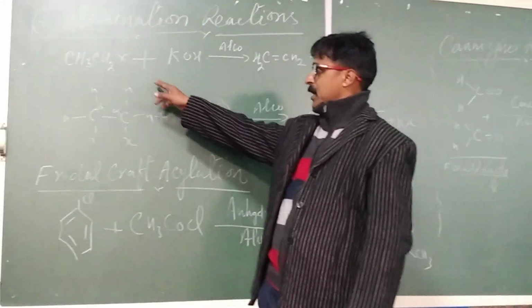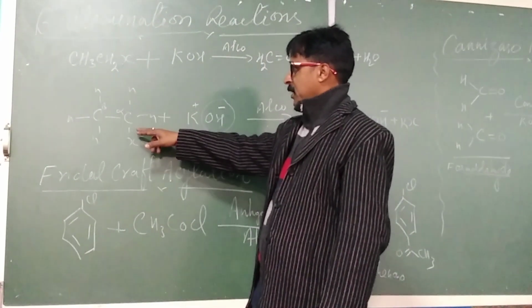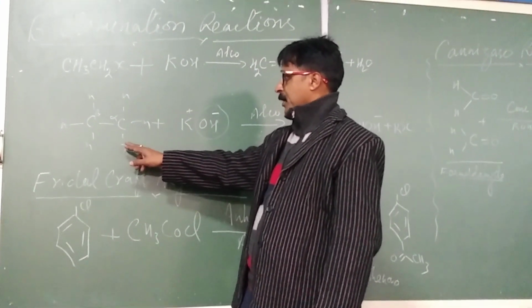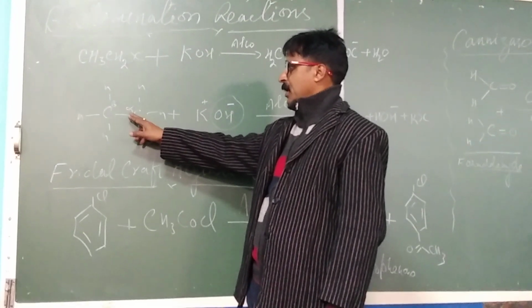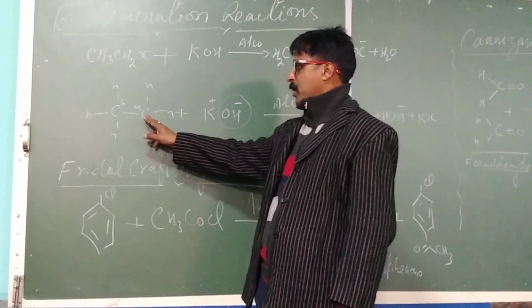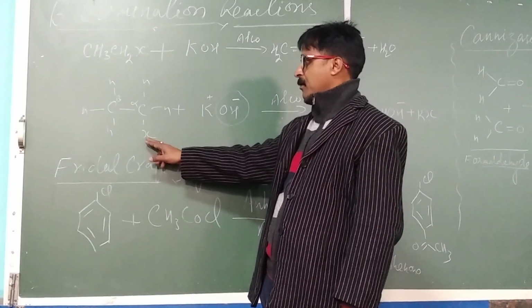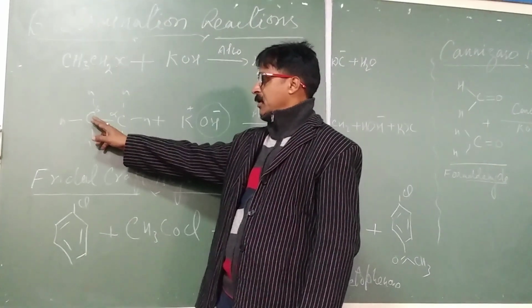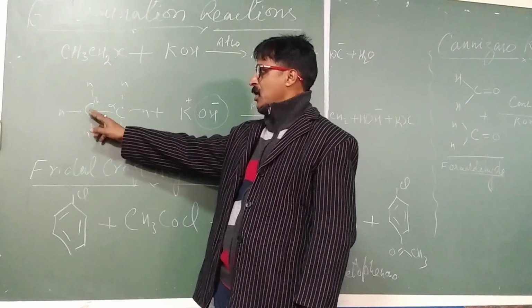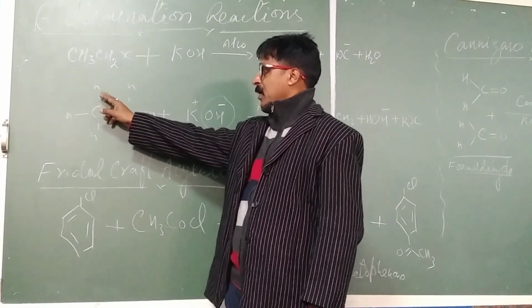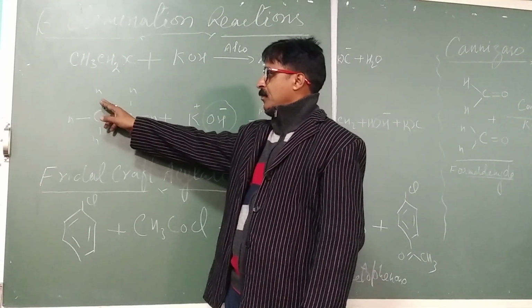So you see in this alkyl halide, this carbon atom, if you look here, this is the alpha position where the halogen atom is added, and this is the beta position, the beta carbon atom. The hydrogen atom is liberated from this beta position.